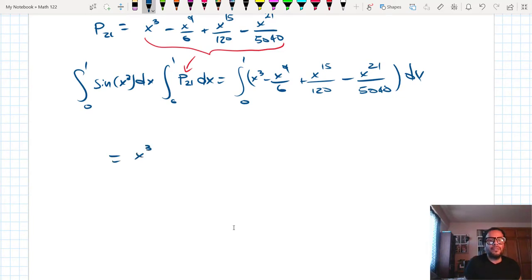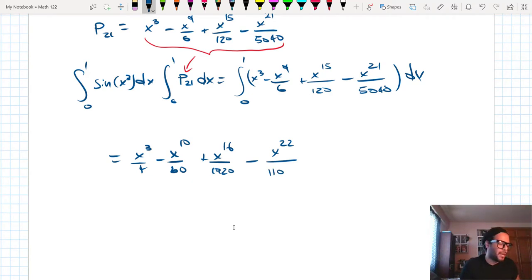x to the fourth over 4 minus x to the 10th over 60 plus x to the 16 over 1920 and minus x to the 22 divided by 110,880. That evaluated from 0 to 1.